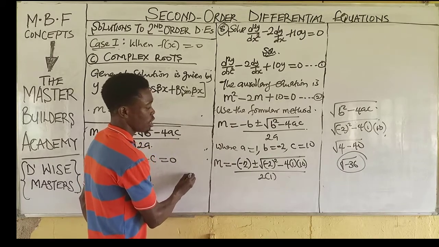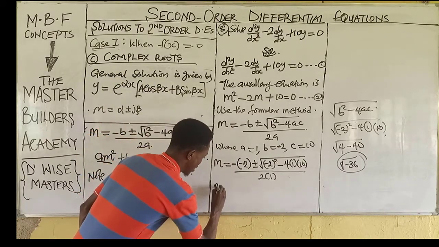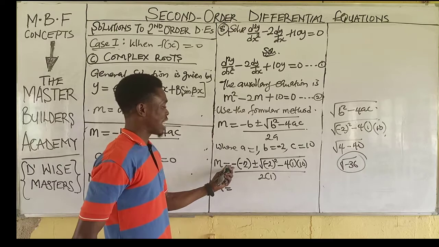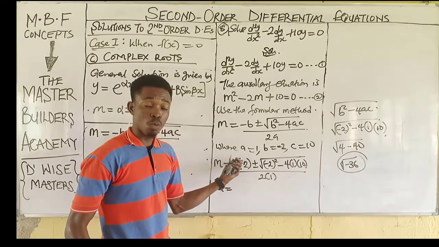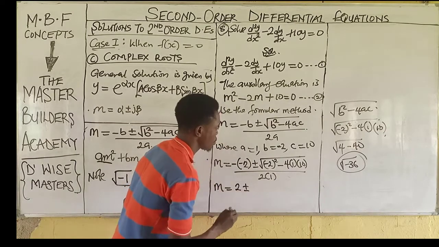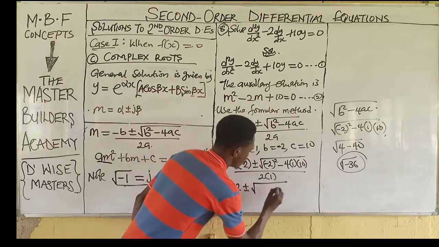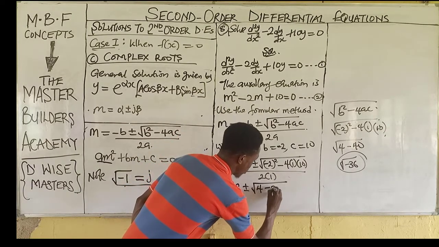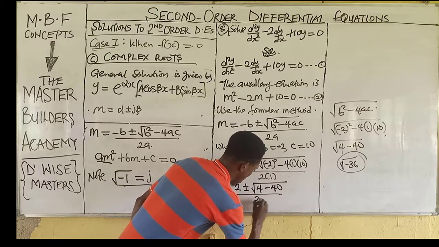Now at this point, minus multiplied by minus 2 gives us positive 2. We have 2 plus or minus the square root of 4 minus 40, all over 2 multiplied by 1, which is 2.